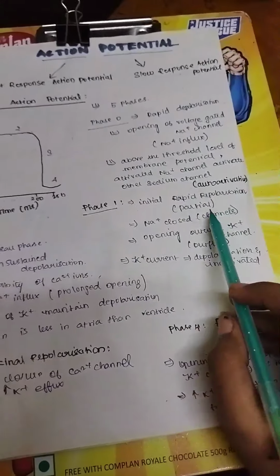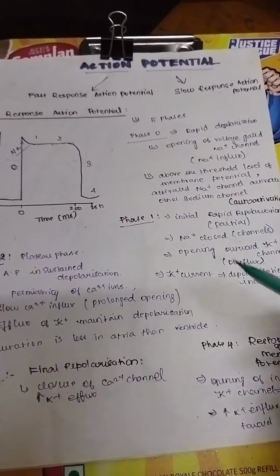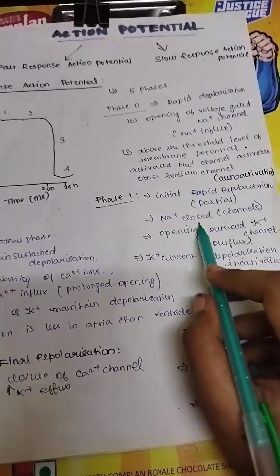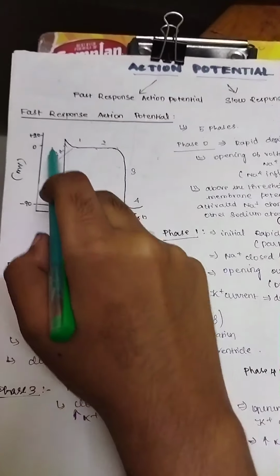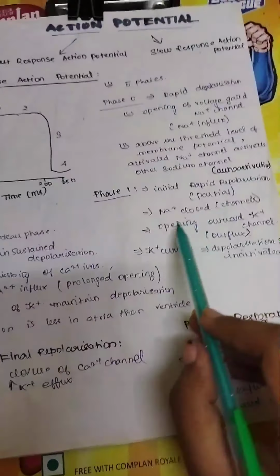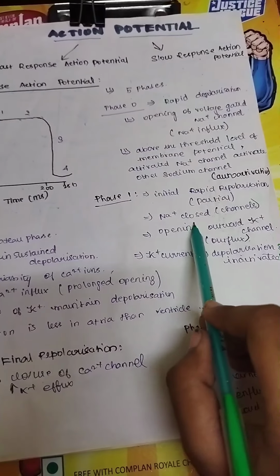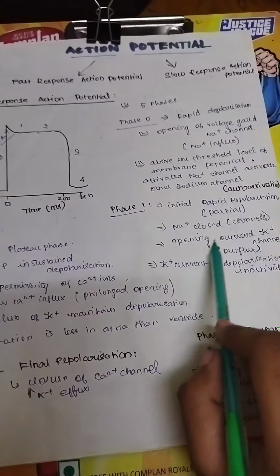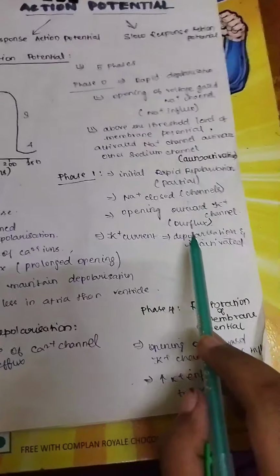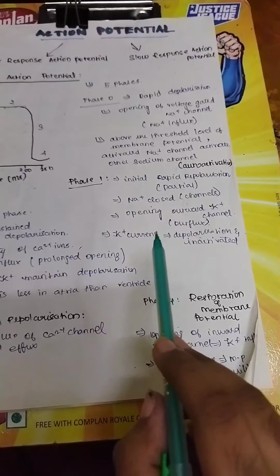What makes this partial repolarization is that the sodium channels get closed. In phase 0, the opening of sodium channels causes a rapid depolarization. Now sodium channels close, and potassium moves out of the cells. There is an efflux of potassium.